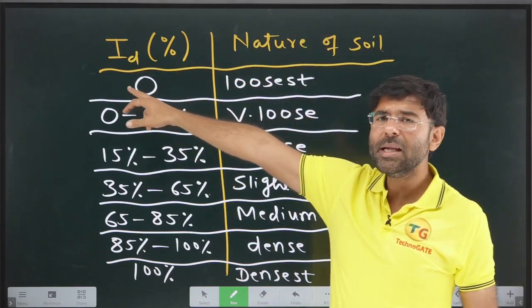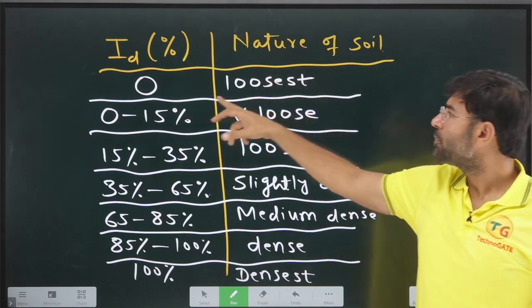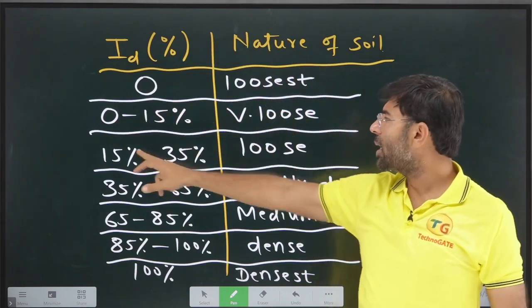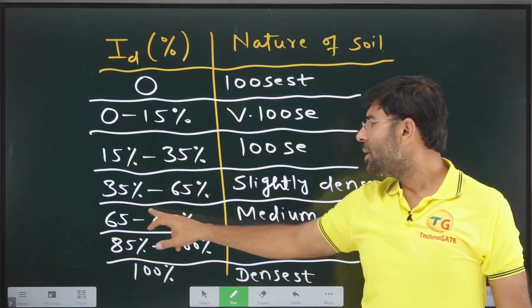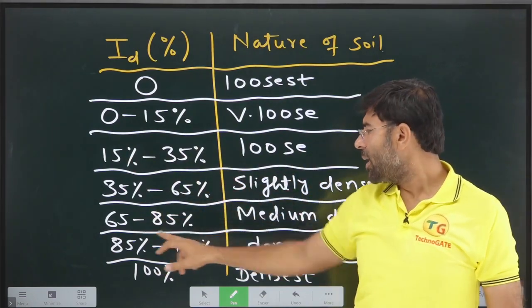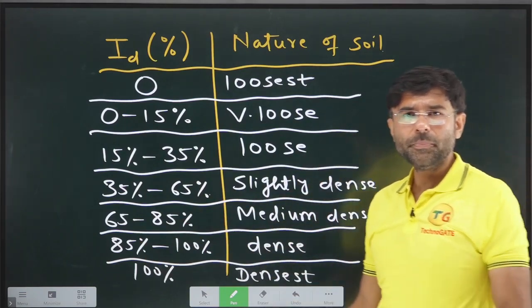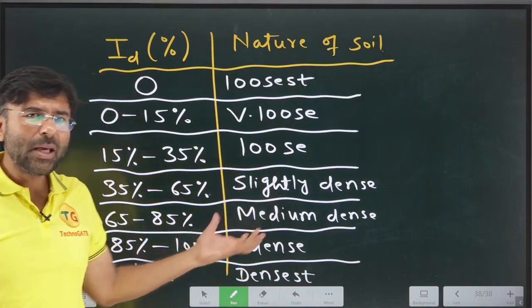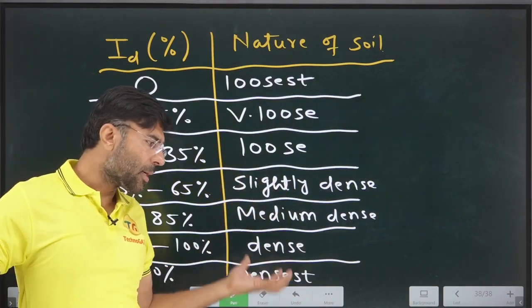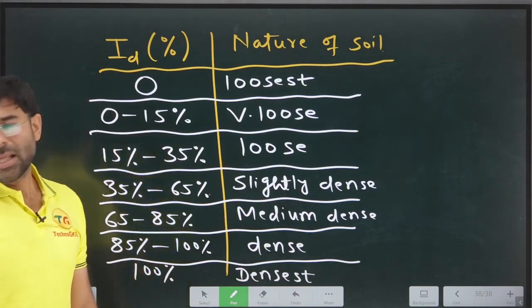If the value of ID comes out to be 0 for a soil, the soil will be named as the loosest soil. 0 to 15, very loose soil. 15 to 35, loose soil. 35 to 65, slightly dense. 65 to 85, medium dense soil. 85 to 100, dense soil. 100, densest condition soil. The soil under densest condition. So in this way, I can use the concept of density index or relative density to classify the soil.